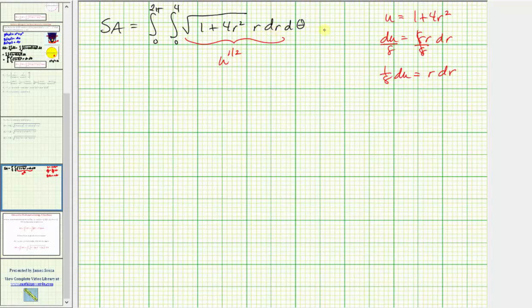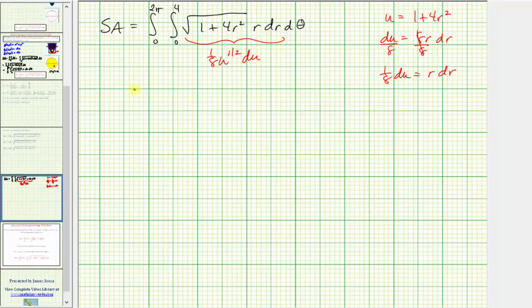And then r dr is equal to 1/8 du. So now if we integrate with respect to u, we'd have 1/8 times u to the 3/2 times 2/3, which means with respect to r, we'd have 1/8 times 2/3 times the quantity 1 plus 4r squared raised to 3/2.